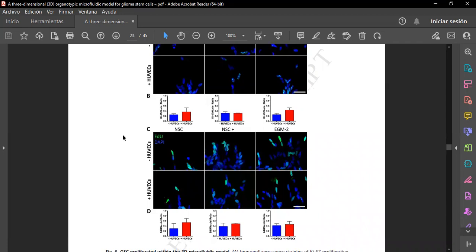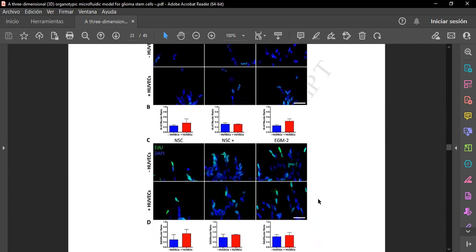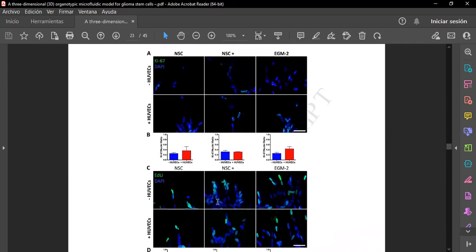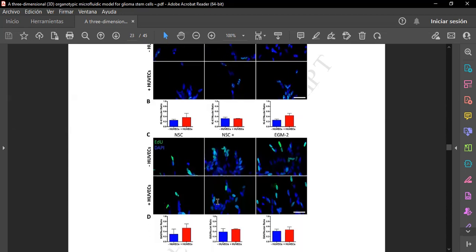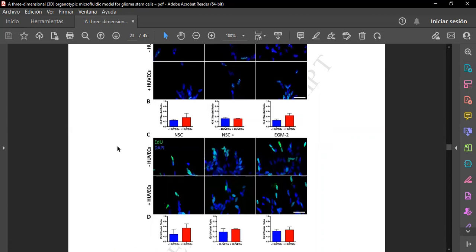And here you can see the Ki67 and the EdU staining to check the proliferation stage of these cells, but no significant differences are observed in all the conditions that they evaluate.